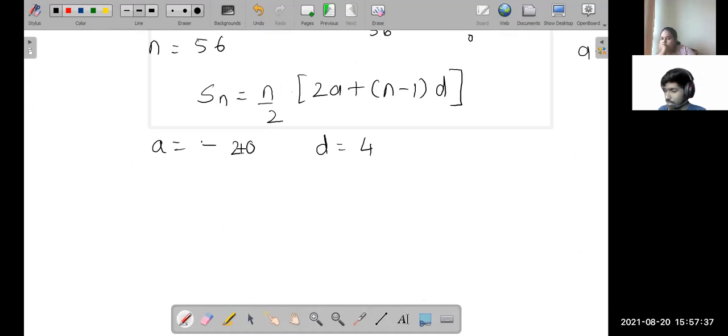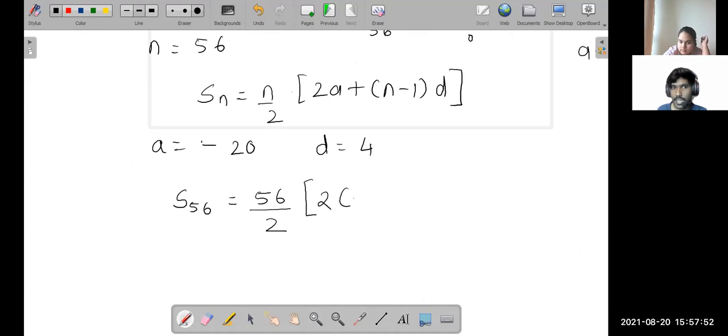So we know everything now. N is 56. S56 equals N upon 2, so 56 upon 2, into 2 into A, that is minus 20, plus N minus 1, so 56 minus 1, into D, that is 4.